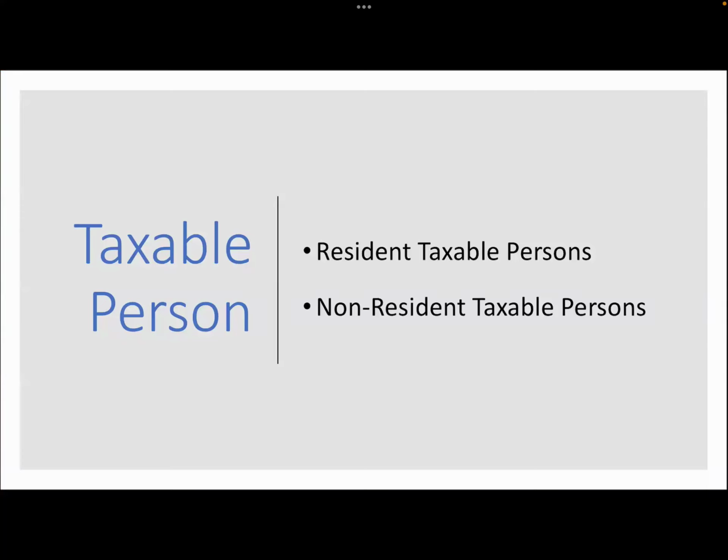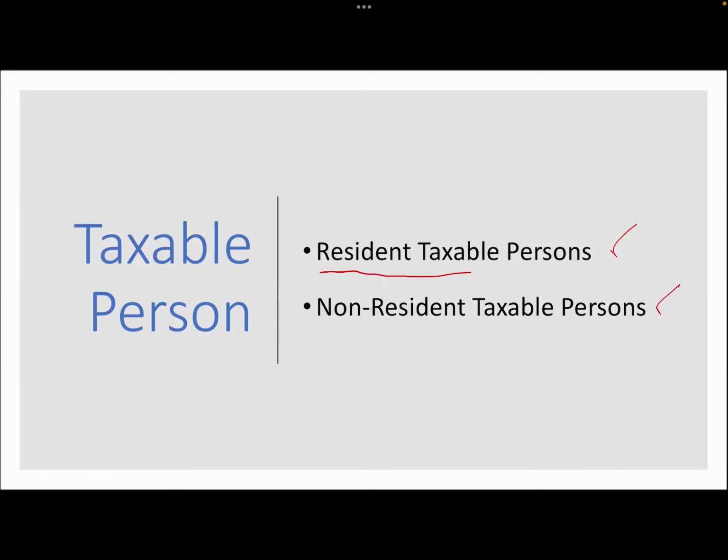Now, there are two types of taxable persons in the UAE. One is the resident taxable persons, and another one is the non-resident taxable persons. When I talk about resident taxable persons, it's nothing but the companies which are situated in the UAE.